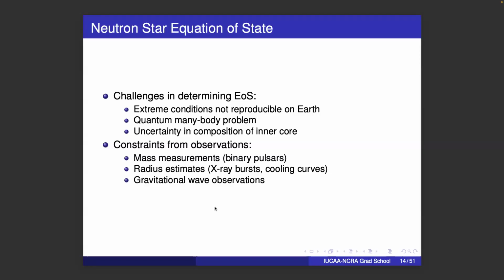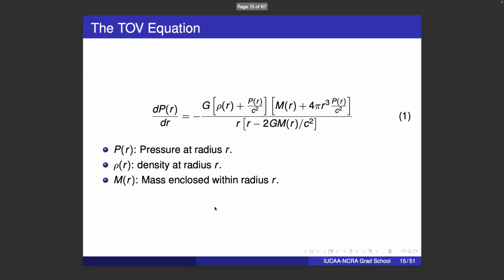And of course, gravitational wave observations. So far, we have observed only one neutron star merger for sure. Although there have been many black hole mergers that have been observed via these gravitational wave observatories. So in the future, if this becomes very routine, then that may also help. Okay.